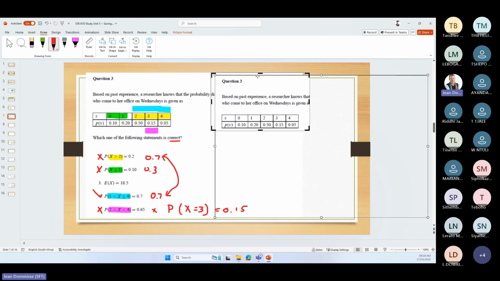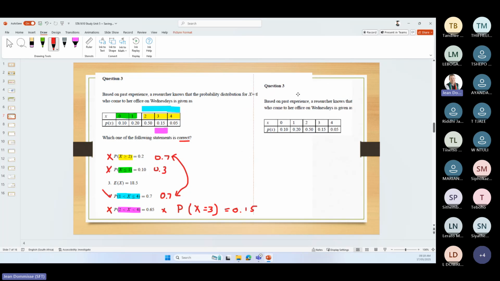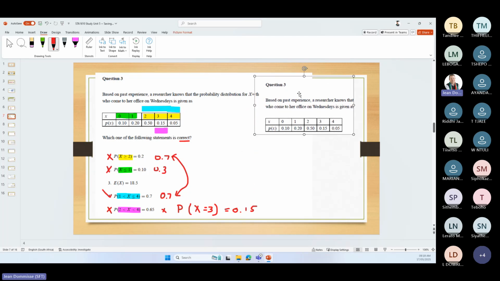Okay, so what I will normally do is just write it down somewhere, because unfortunately, you guys don't have it as paper-based anymore.